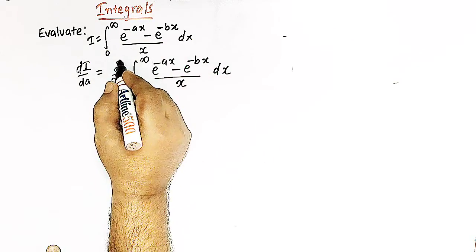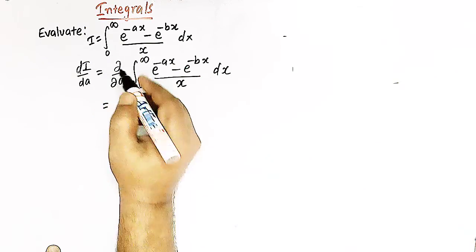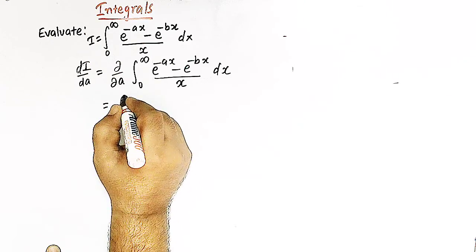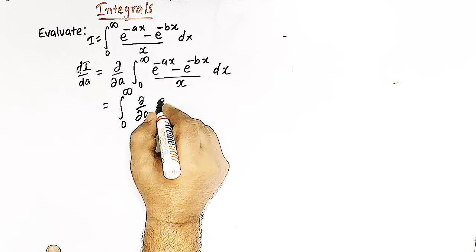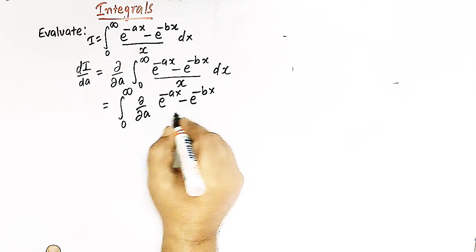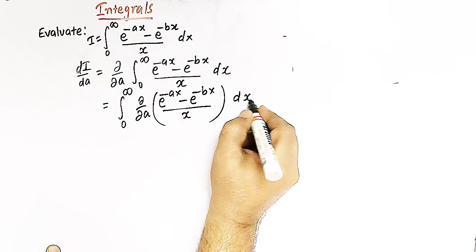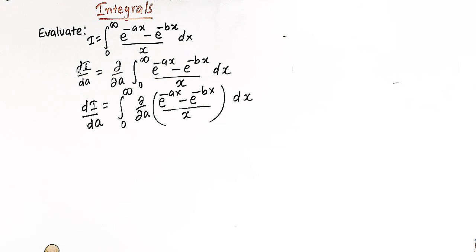Now we can take the derivative operator inside the integral sign. So we have the integral from 0 to infinity of del over del a of (e raised to minus ax minus e raised to minus bx) over x dx. So here we have dI over da.